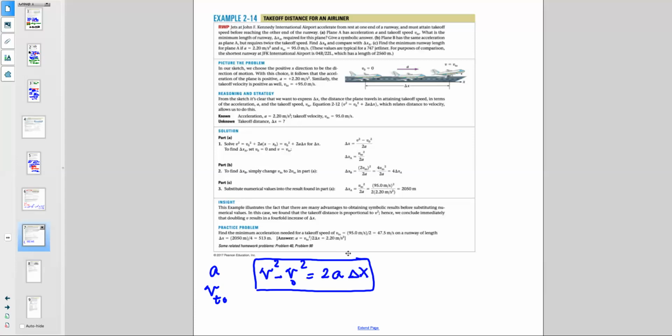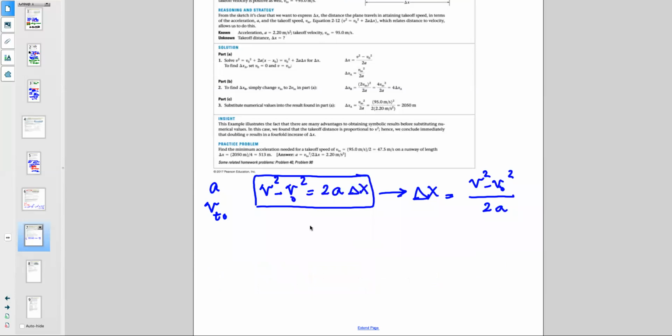Okay, so now let's see what we're asking for in part A. It says, what is the minimum length of runway delta x A required for this plane? And it says give a symbolic answer, meaning that you don't have to put numbers in this equation. You can just find it in terms of the others. For example, if I solve this for delta x, I can write delta x equals v squared minus v naught squared divided by 2a.